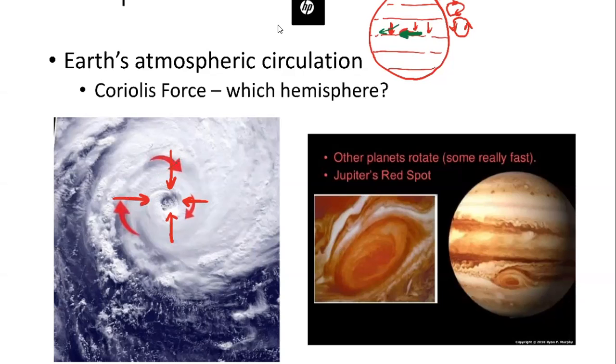This means that this should be in the southern hemisphere, because in the southern hemisphere, the wind direction is going to get diverted to the left. This is following the direction that's shown in this hurricane here. So this is the southern hemisphere.